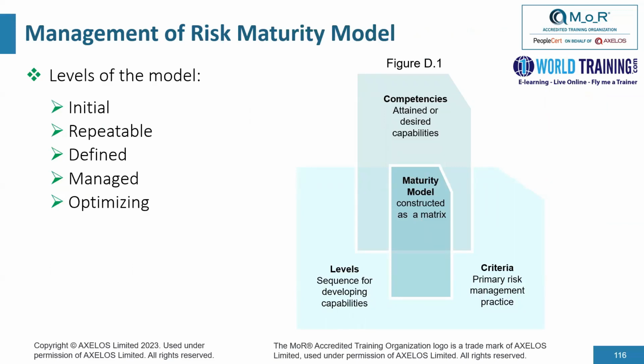And then you have the maturity model. The maturity model is an important tool that enables organizations to benchmark their current risk management capability and maturity, and also highlights the scope for improvement. It provides a well-structured and detailed guide to facilitate progressive, incremental improvement in risk management practices. With the aid of a maturity model, organizations can set realistic long-term goals for risk management by having a clear understanding of their current maturity and the areas that require improvement.